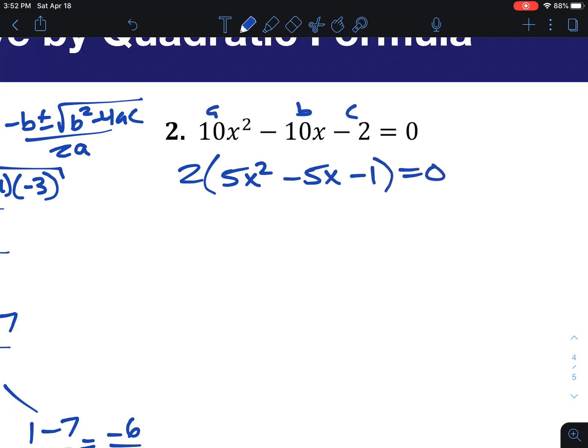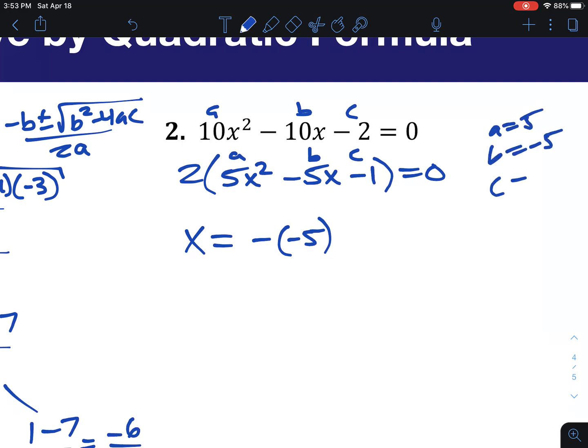Now instead of using this a, b, and c, we can use this a, b, and c, because that 2 in front we could just essentially divide by. It doesn't change our answers either way. So now we're going to use the formula with the smaller numbers, just because it's easier to work with in our head too. So x equals negative b, so negative negative 5. So a is 5, b is negative 5, c is negative 1.